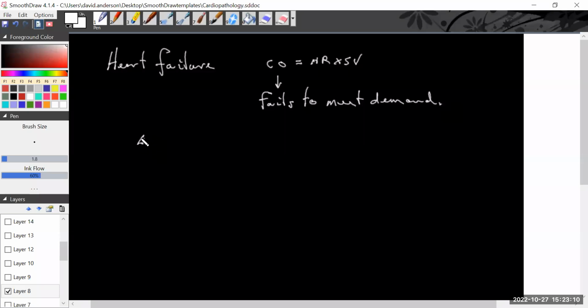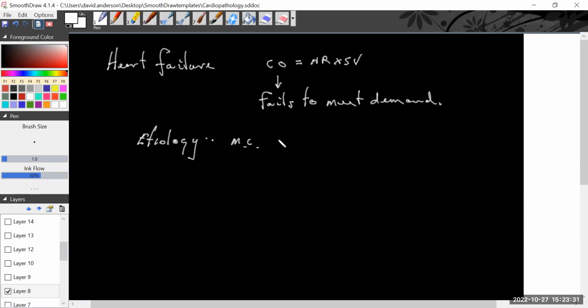So when we look at the etiology for heart failure, the most common etiology is that it's a complication or a sequela to a myocardial infarction.